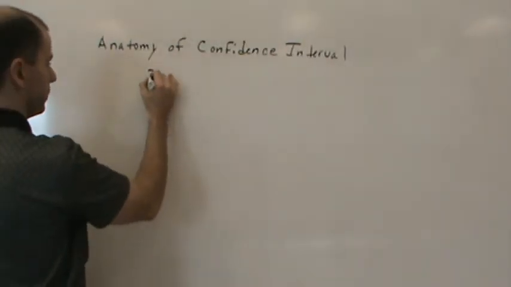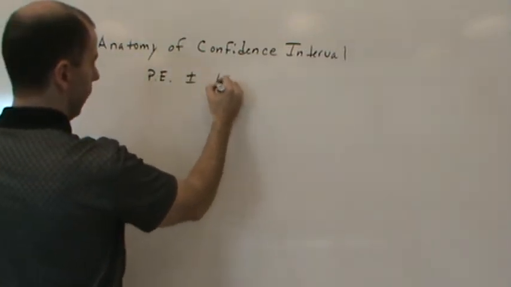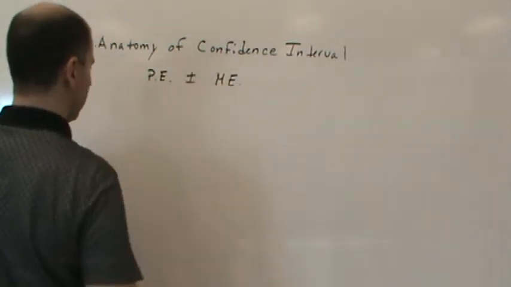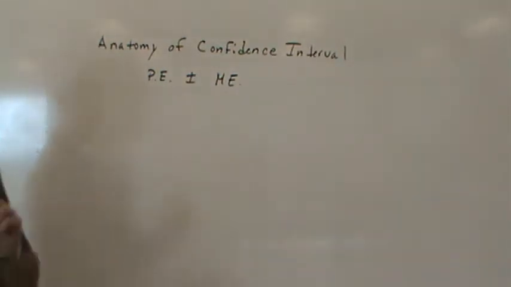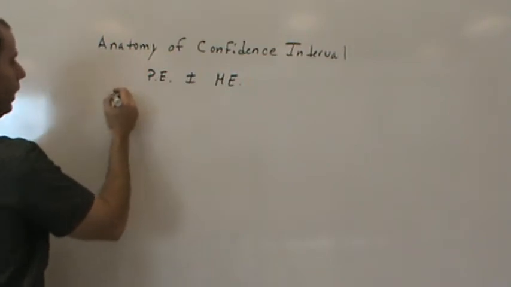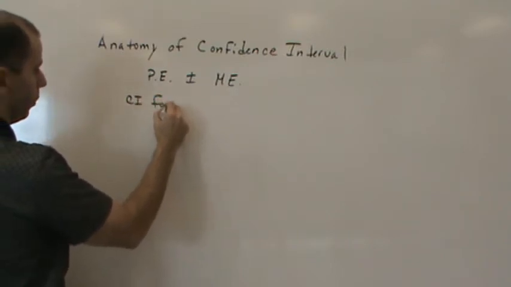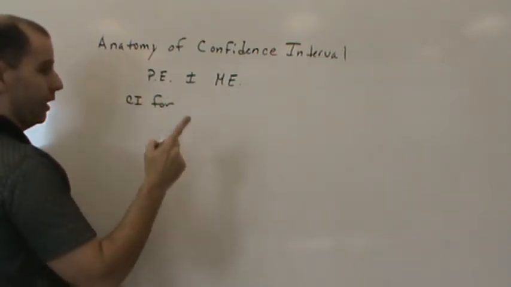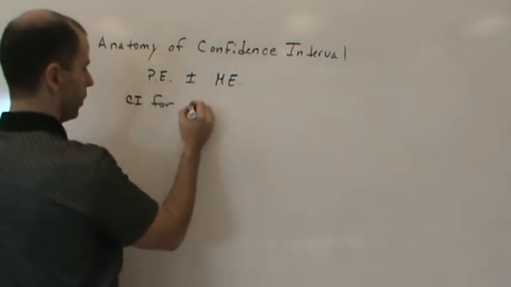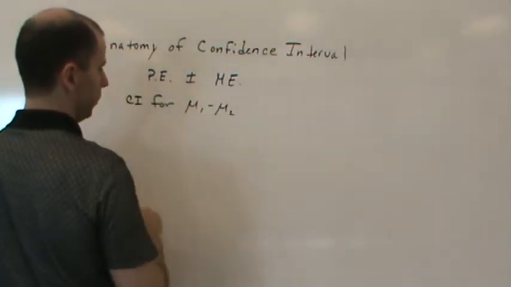So we have our point estimate plus or minus our margin of error. Well, let's look at, I'm going to do this step by step, the difference of means. In this case, we want a confidence interval for the true difference between population means. So in other words, we want the confidence interval for mu1 minus mu2, right?